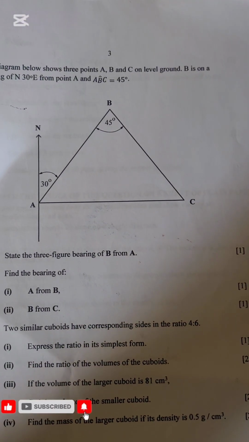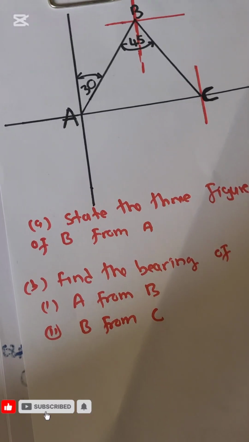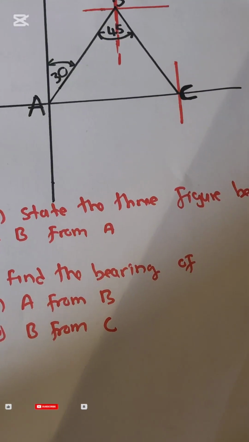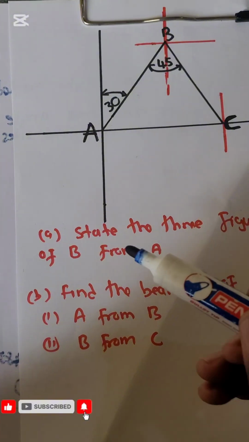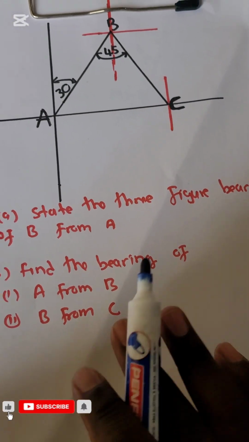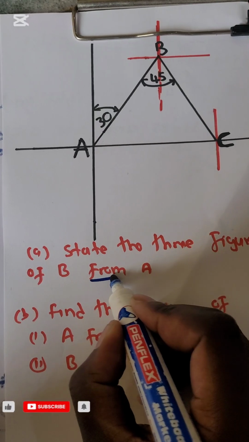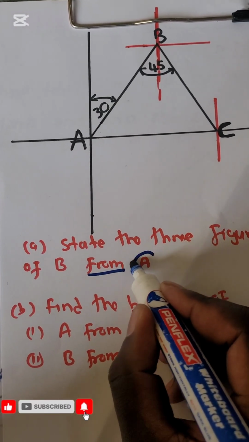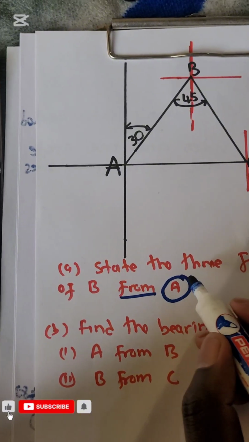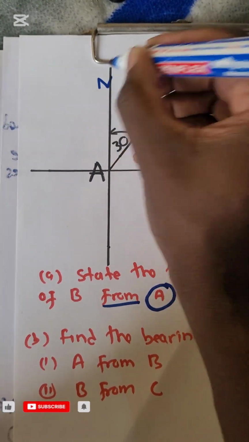Okay, so I have reproduced this question here from the question paper. It says state the three figure bearing of B from A. The most important word on bearing is the word from. From what? From A. So this one is our north.